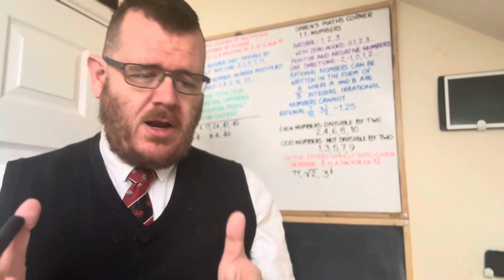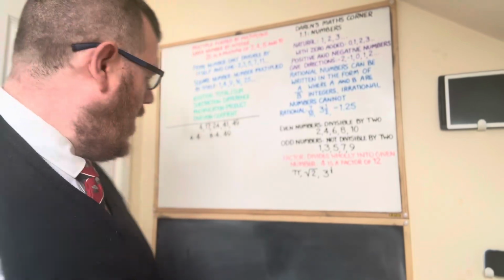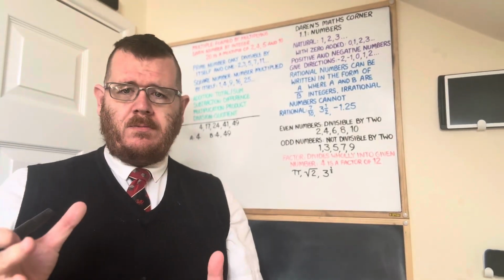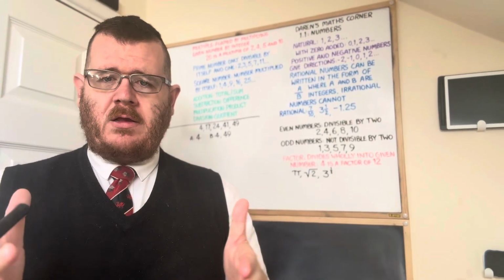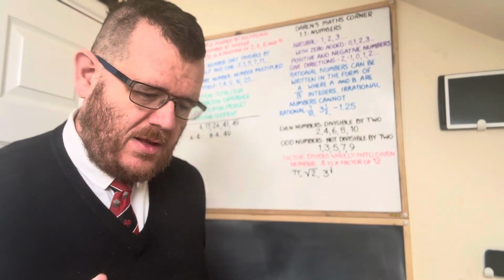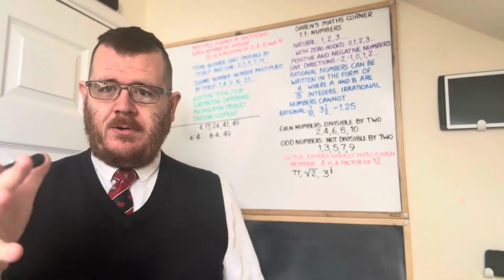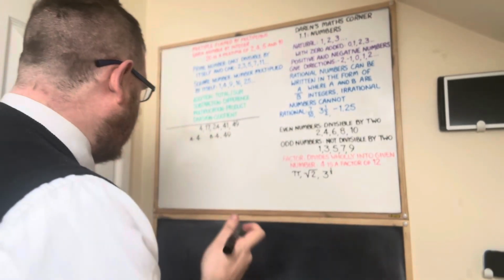The next thing we want to look at at this point is a prime number. I'll give you an extra mark if you can give me both, but this question only wants 1. There are 2 in this list.